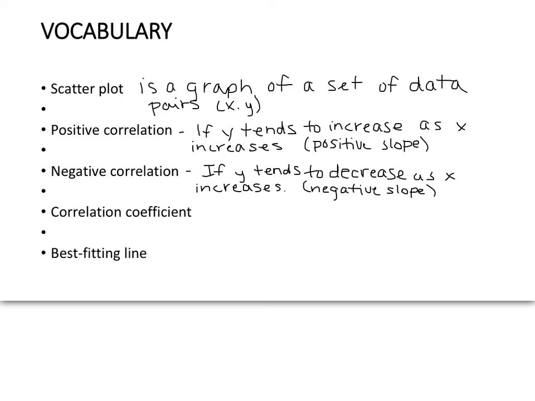Right? And then a correlation coefficient is the letter R, and it's a value between -1 and +1.